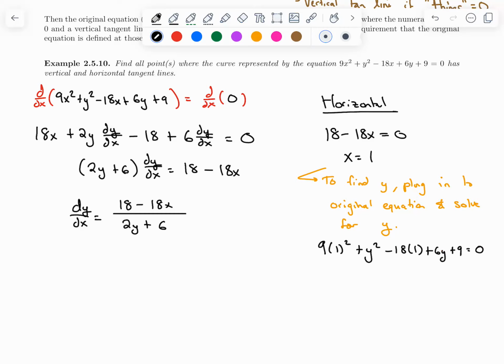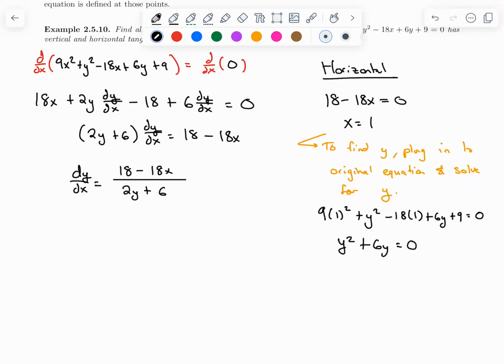That gives me y squared plus 6y equals 0, because 9 minus 18 is -9, plus 9 would be 0. And so we can factor it or solve it right off the bat. The solutions should be y equals 0 and -6. The reason is you factor out a common factor of y, and so you solve for it. You got 0 and -6.